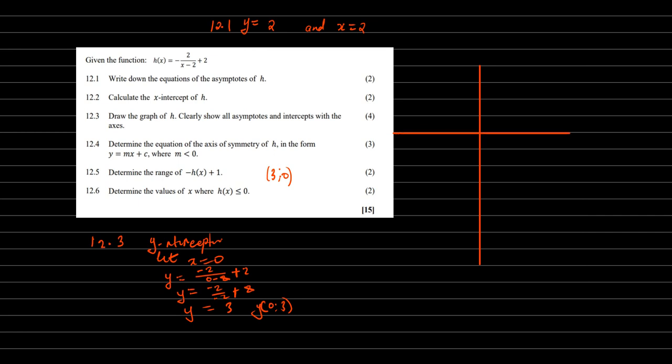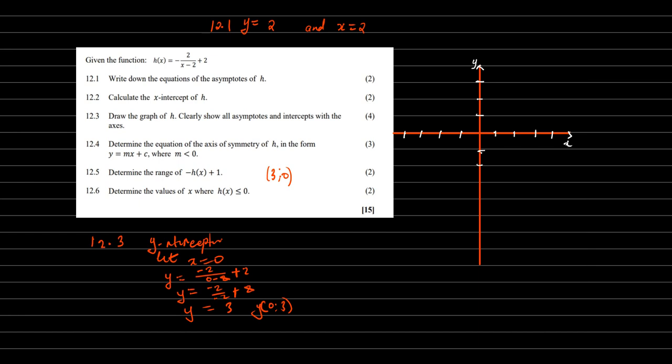We have to indicate some axes here. So this will be the y-axis. Then this will be the x-axis. So 1, 2, 3, 4. 1, 2, 3. Then 1, 2, 3, 4. 1, 2, 3.